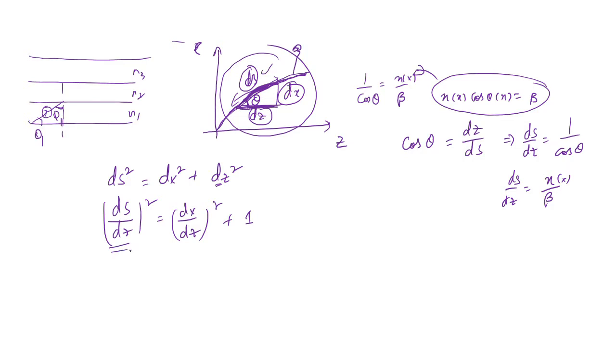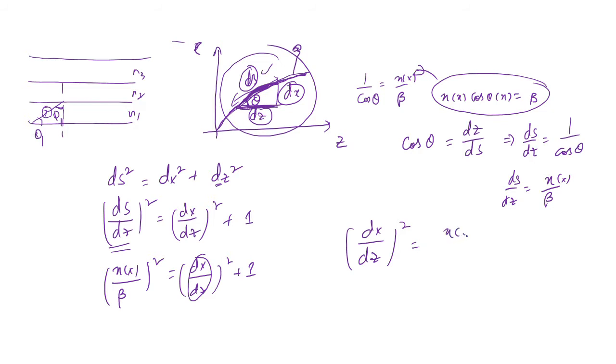So then (ds by dz) squared, I can write as (n of x divided by beta) squared, which is equal to (dx by dz) squared plus 1. Now we can take this equation and integrate it to get the ray path x of z. So I can write (dx by dz) squared is equal to (n of x by beta) squared minus 1.